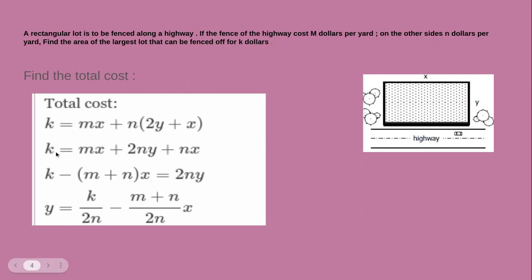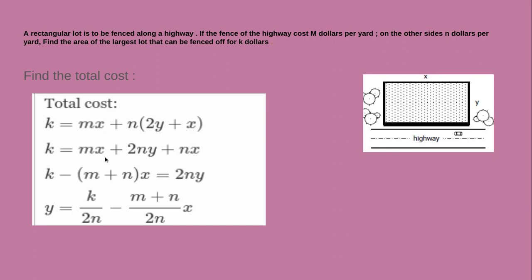Then our K will be equal to mx plus 2ny plus nx. 2ny by multiplying n by 2y, and n times x is equal to positive nx.